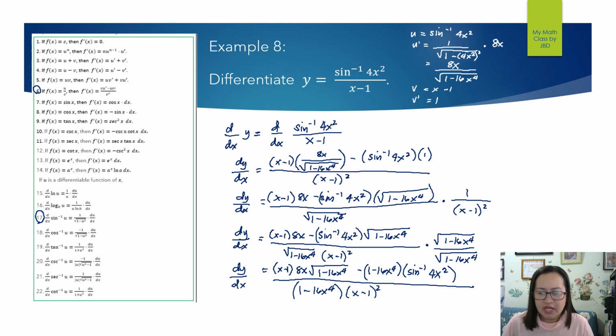Okay, so that is the final answer for the derivative of y equals inverse sine of 4x squared all over x minus 1.